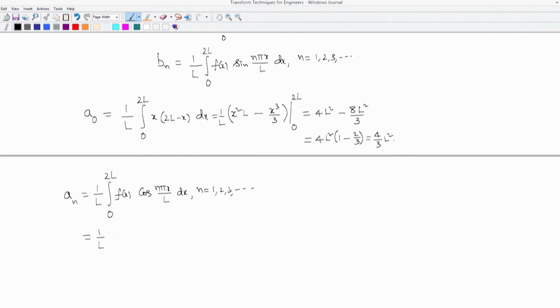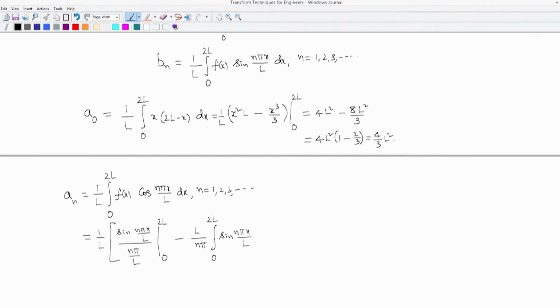So, 1 by L you have sin n pi x by L divided by n pi by L, with limits 0 to 2 L, minus L by n pi integral 0 to 2 L sin n pi x by L.